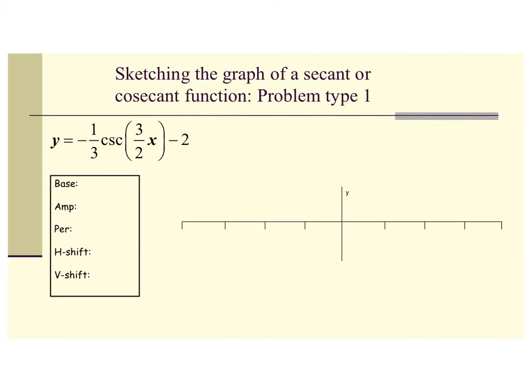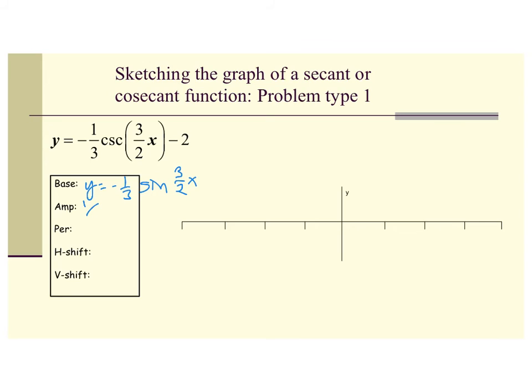Alright, sketch the graph of a secant or cosecant function. Alright, now we have everything again. Oh, nope, no horizontal shift. Alright, so let's look at this. The base function is going to be y equals negative 1/3 sine 3/2 x.